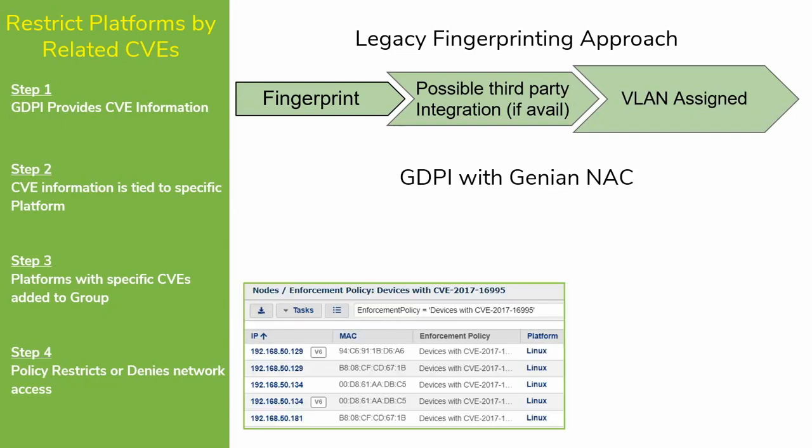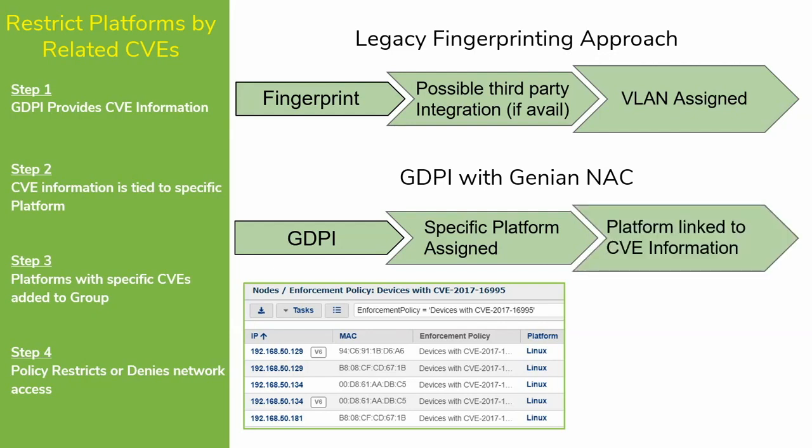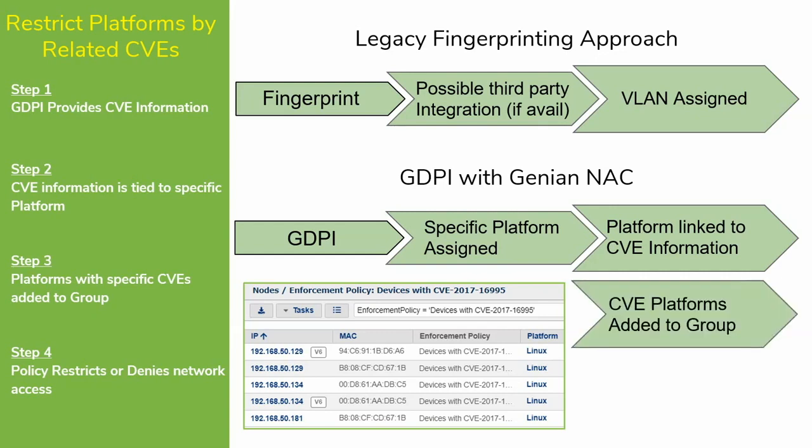GDPI does not have any network integration requirements to correlate devices with CVEs and perform restrictive actions. First, the GDPI database contains specific platforms, so each device is assigned a specific platform. Then, that platform, if applicable, is linked to the specific CVE information that may be applicable to that platform.